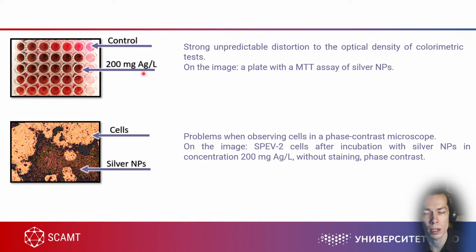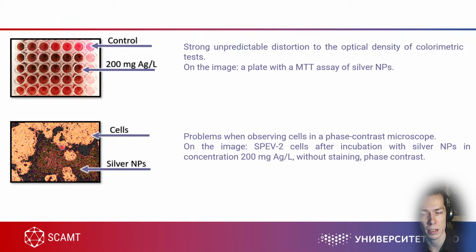It's 200 milligrams per liter of silver particles, and it will be very, very hard to read optical density after the MTT assay because of a lot of nanoparticles accumulated, adsorbed on the surface of the culture plate and on the surface of your cells. And there is no way to wash these nanoparticles away because they can be on the surface, on the membrane, in the membrane, inside cells, and they will interfere.